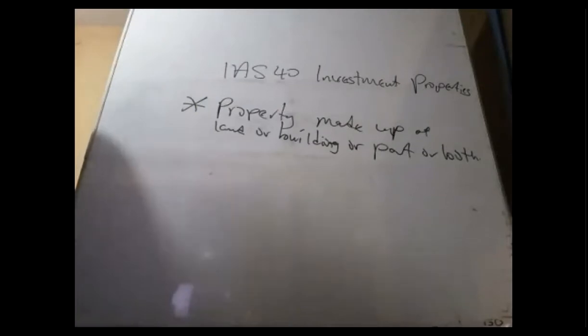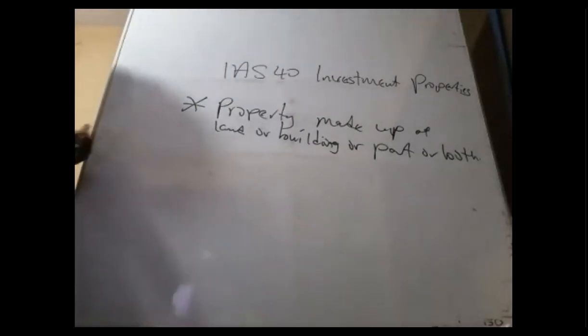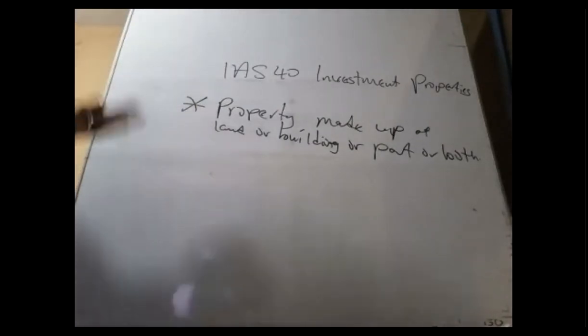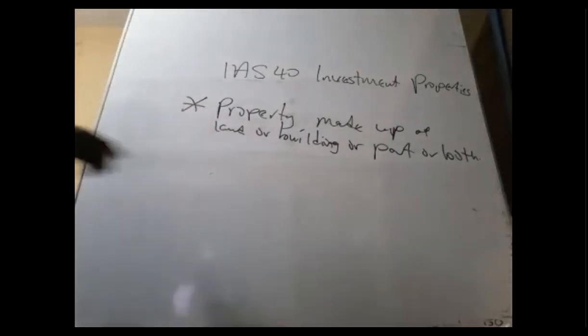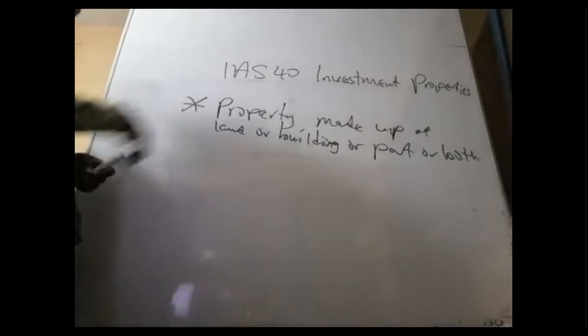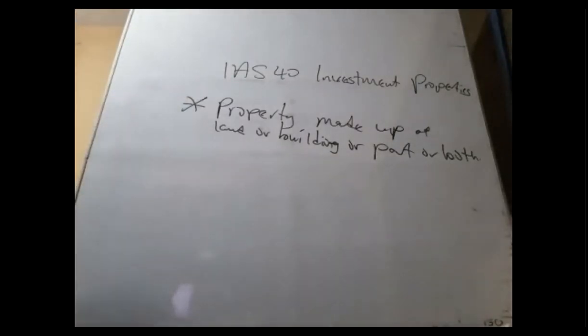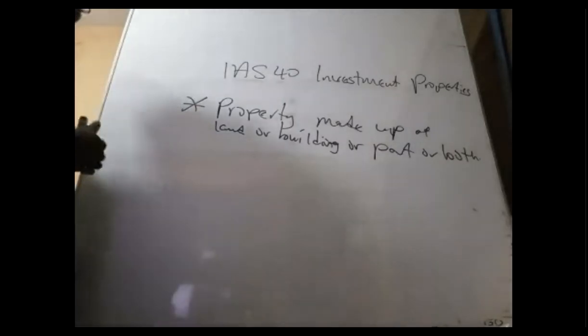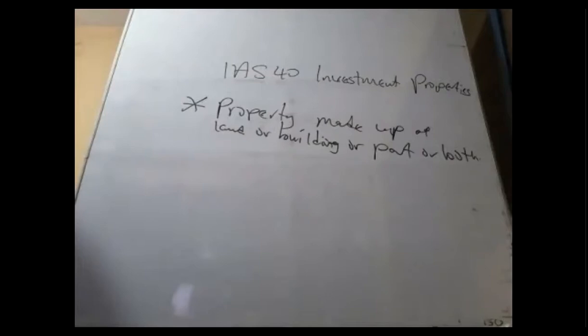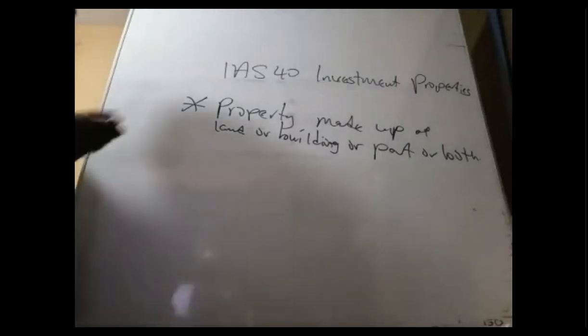So investment property is a property made up of land, or building, or parts, or both. That's the first feature. So it tells me that you cannot use motor vehicles as investment property. No. It must be made up of land and building. So my question in advance is, what about container and kiosk? Can they also qualify? Let's see.